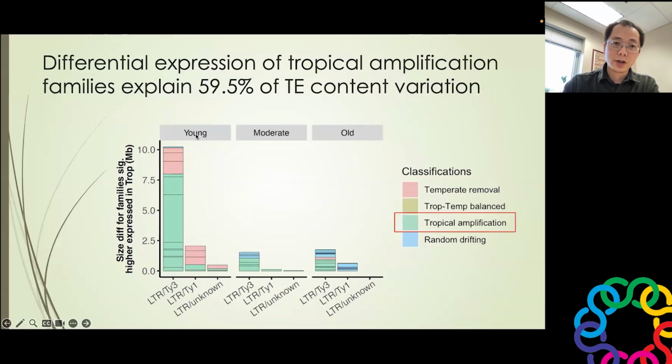And they're mostly coming from young Ty3 families. So again, this aligns with our previous observation on the ACR and UMRs that they're coming from young LTR Ty3 superfamilies that are more highly expressed in tropical maize genomes. So these are highly expressed in tropical maize, not in temperate maize.